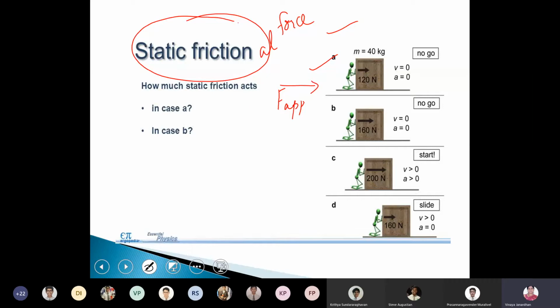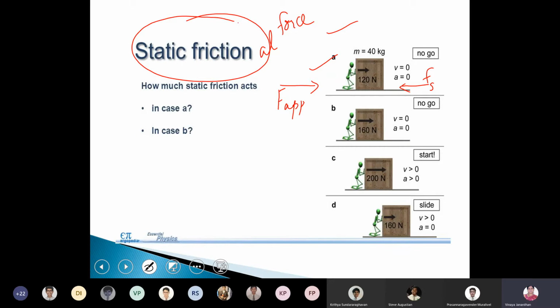The moment he applies a force, there will always be a frictional force which comes into play, and this frictional force will always act. It's a tangential force. You know what is tangential force, right? That is acting along the surface separating both the block and the floor, or what we call the interface.